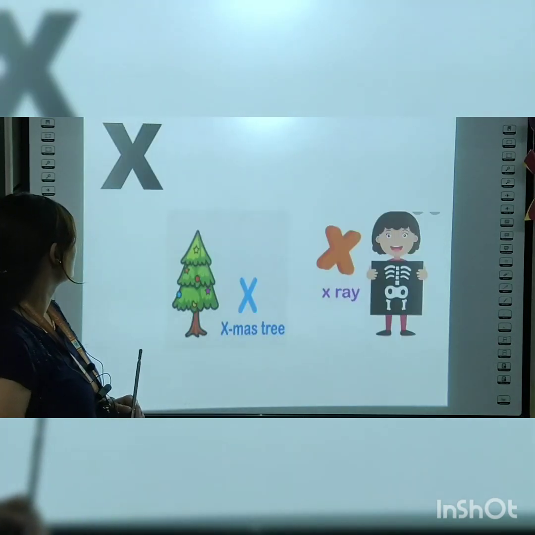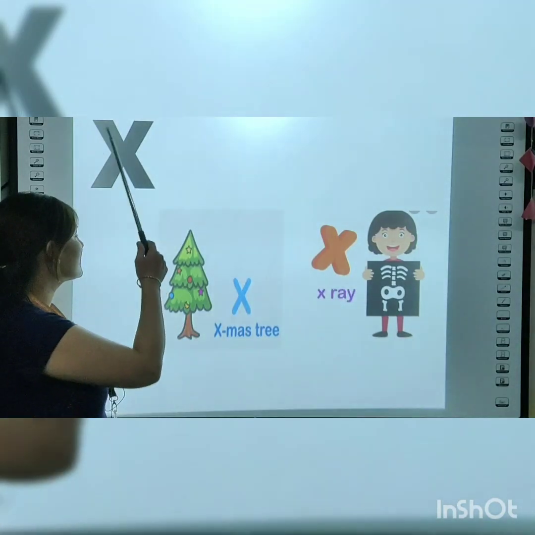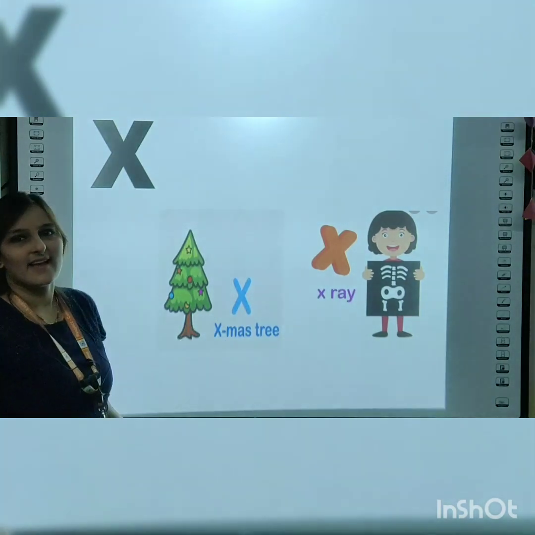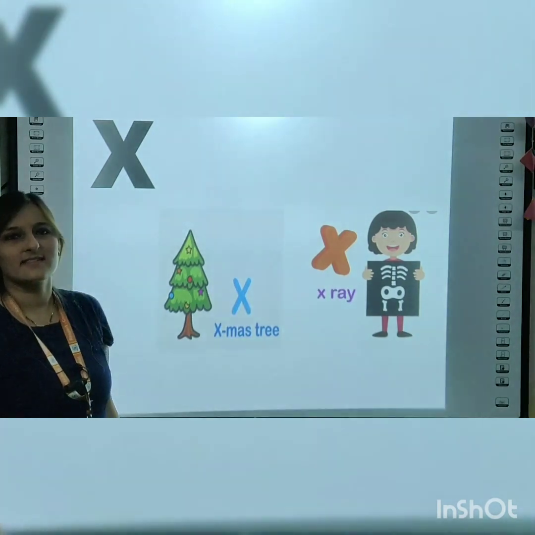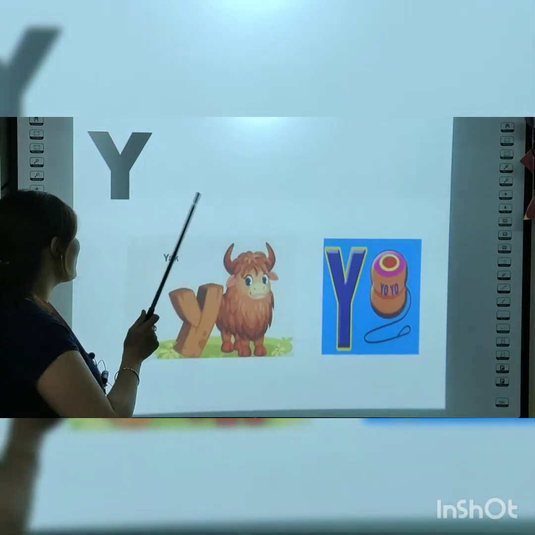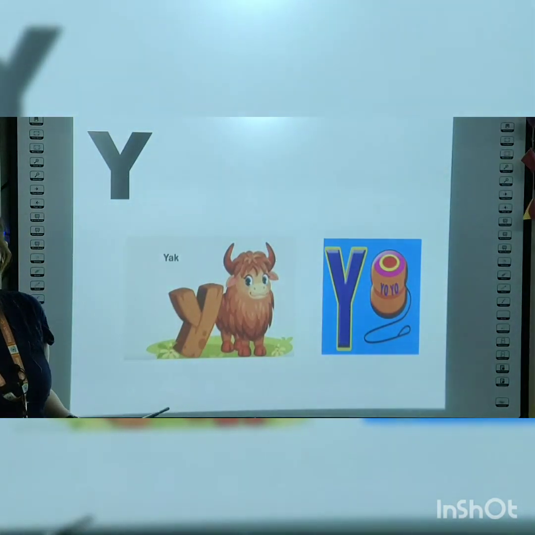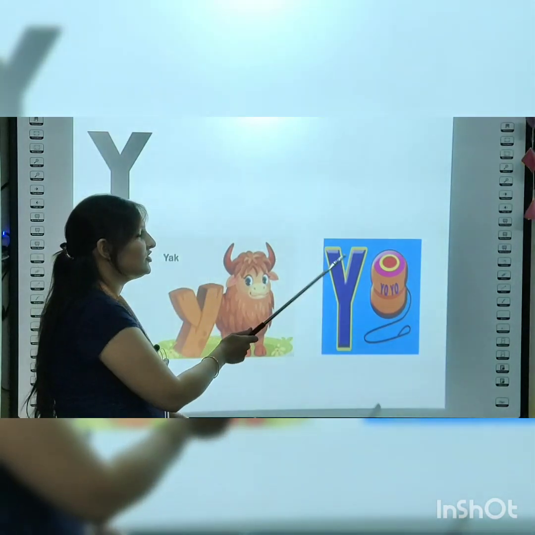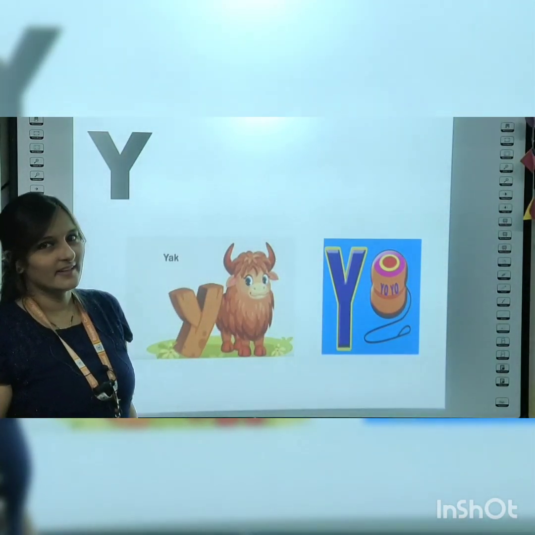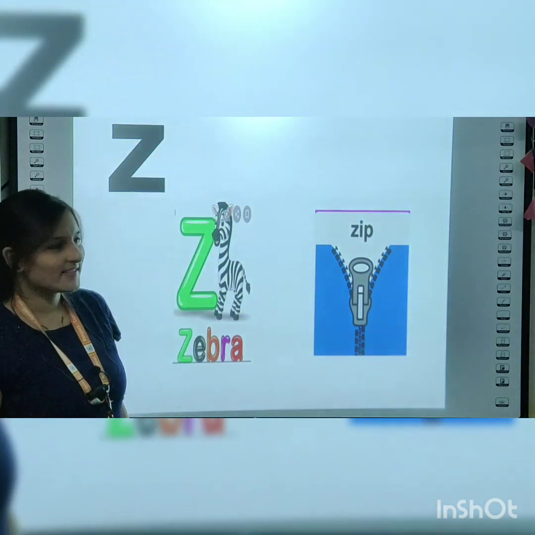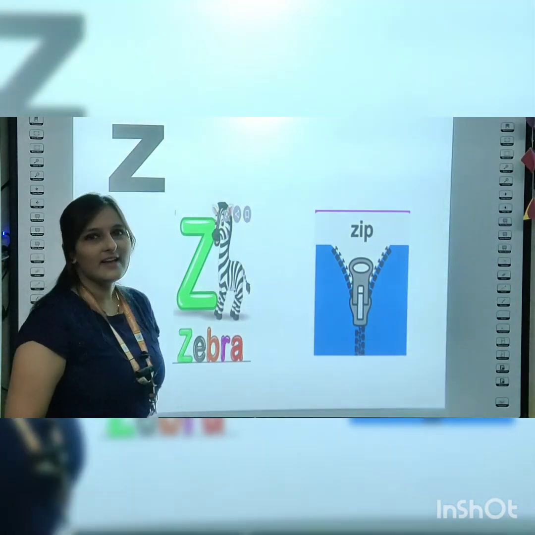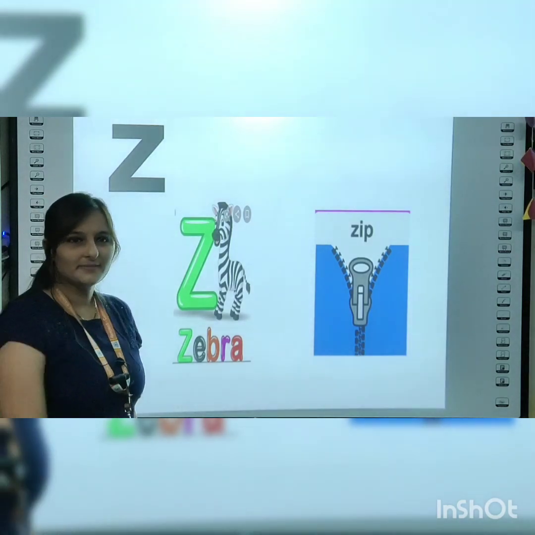Next, X for Xmas tree, X for X-ray, Y for yak, Y for yo-yo, Z for zebra, Z for zip.